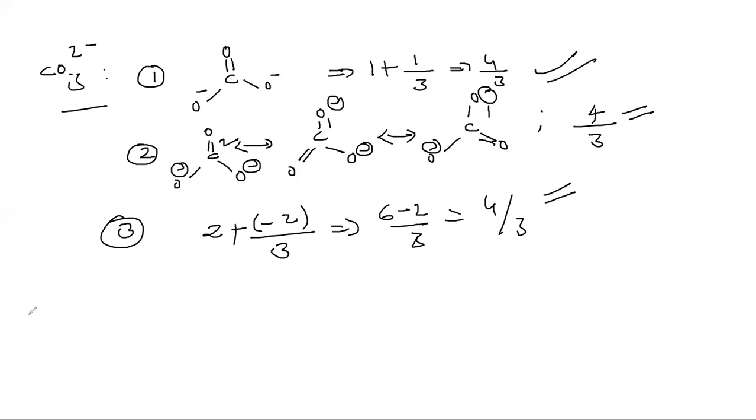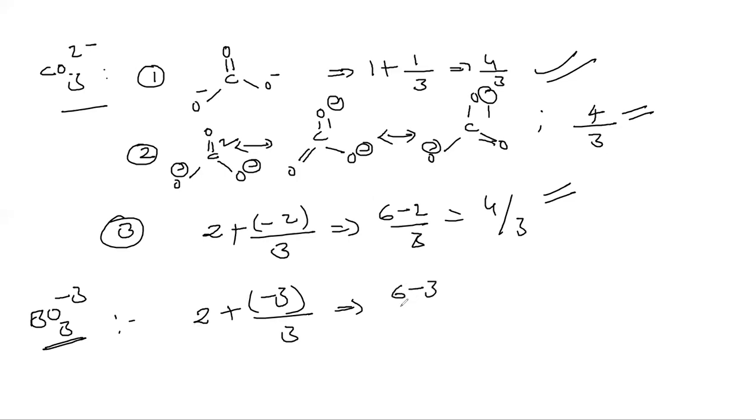Similarly, now I will discuss the borate ion. This is nothing but our boric acid. In this case, according to our third method, the valency of oxygen is 2 plus the charge, which is minus 3. And how many bonded atoms do you have? 3. So that is 3 times 2, 6 minus 3 by 3.